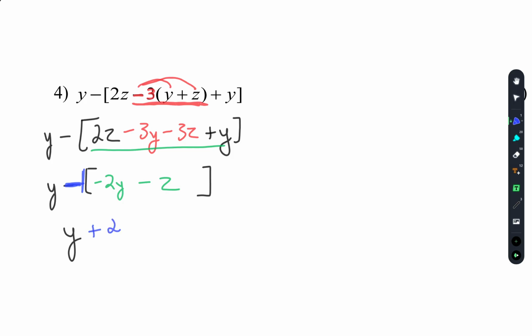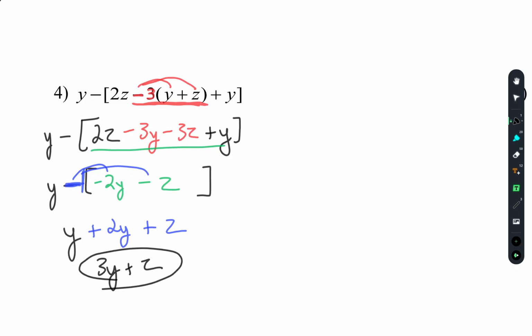So it'd be plus 2y plus z. So you have to distribute that negative. So the y is just off to the side. This is the sign that's right next to it. So if it's a number, you're going to multiply the number right next to it. But if it's just a minus sign, you're just distributing a minus sign. And then your grand finale is combining your like terms. So that'd be 3y plus z. Okay.